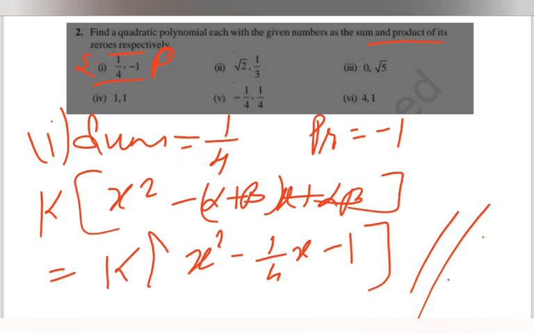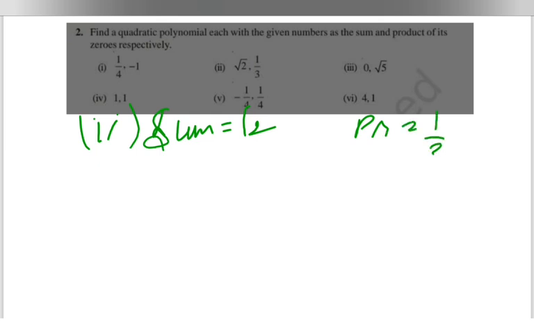So second subdivision. Okay. So second is alpha plus beta, sum is root 2 and product is 1 by 3.